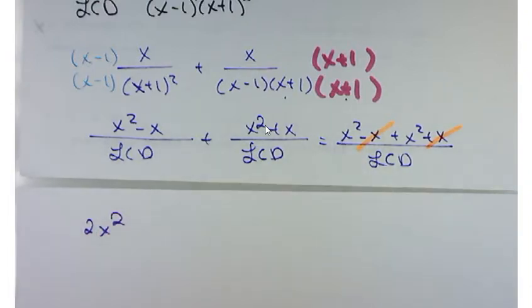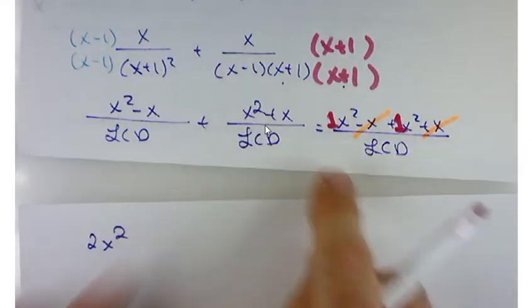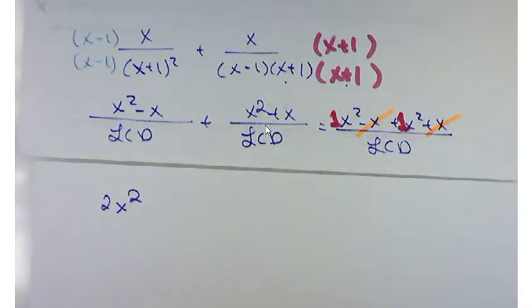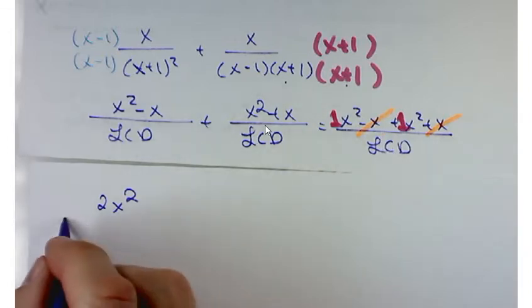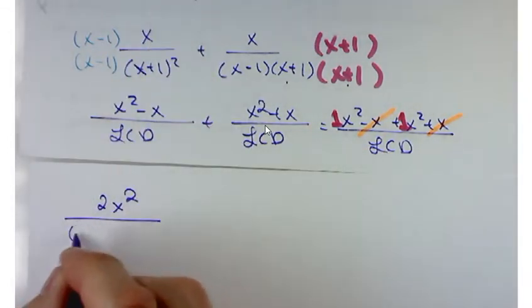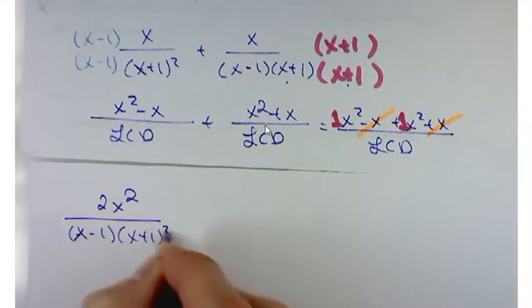Because effectively, what's happening here is I've got one of them here and one of them here. 1 plus 1, that's what gives me the 2. You would add exponents if you were doing some multiplication. And finally, over the LCD, my LCD was x minus 1 times x plus 1 squared.